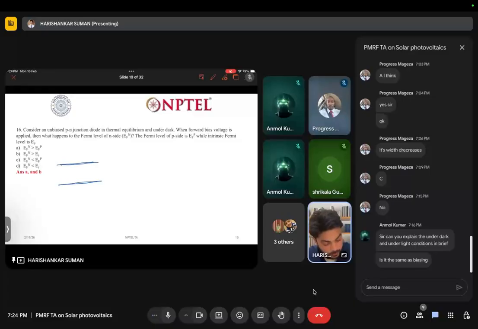Initially you have one E_i, tilted. Let me make the Fermi level first, then it is easy to make. This is p and this is the intrinsic semiconductor. This is for equilibrium.